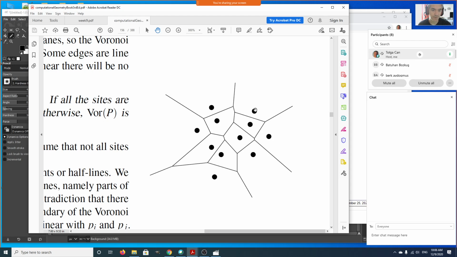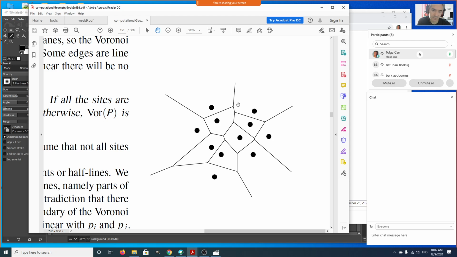We can have these input points as attributes. But other than that, the vertices, edges, or the faces of the Voronoi diagram, the sites are not contained in those records directly. So it's kind of an implicit structure that we are going to build.